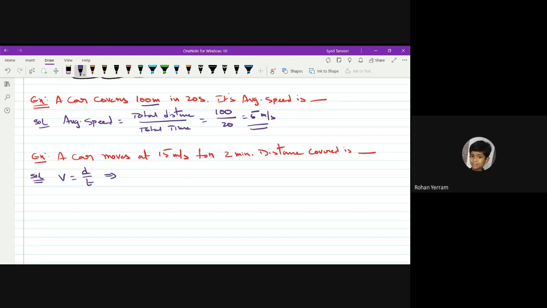Is it 180 meters? Speed is distance by time, and distance is speed into time. Speed is 15, into 120 seconds. Time should always be in seconds, not in minutes or hours. So how much is this? 15 into 30, 30 into 60. Sir, 1,800 meters. 1.8 kilometers. 1800 meters is the distance covered.